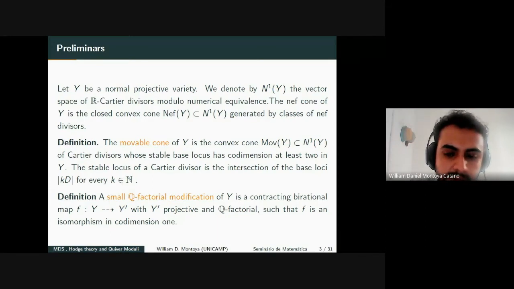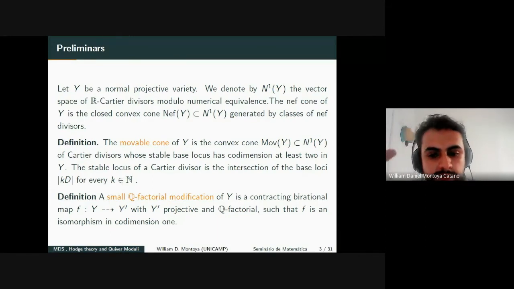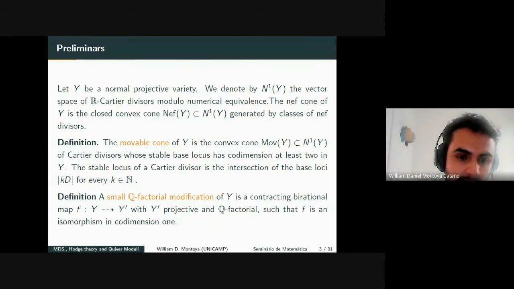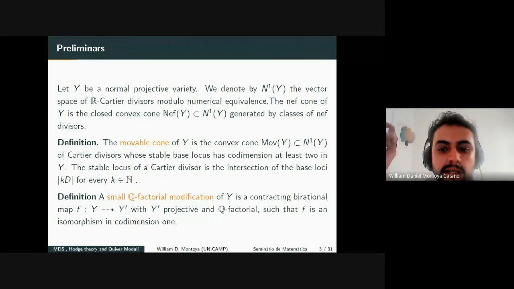Being Q-factorial means that if you have a divisor with this behavior, you can at least find an integer such that when you multiply the divisor by that integer, everything is going to intersect as you expect, in an integer, in a natural number. Okay, so a Q-factorial modification is another variety. The rational map, as I said before, is defined on an open Zariski subset of the variety.